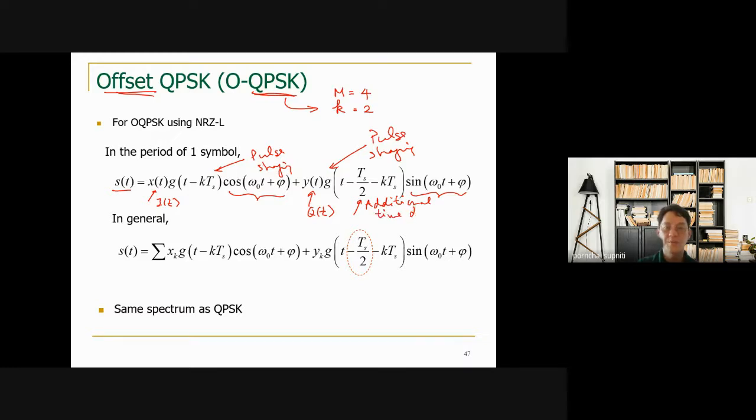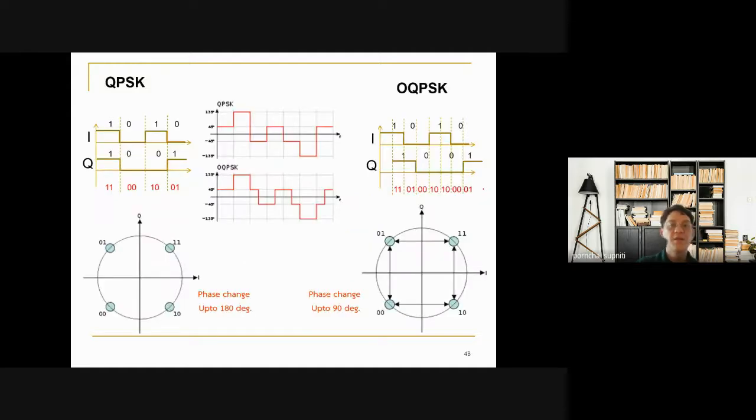You can call it a time shift or additional time delay to the Q bits. It's half a bit, or half a symbol; in this case, I will call it half a bit time delay. In doing so, this is what happens. If you look at the next page, on the left hand side is the QPSK, and on the right hand side is the offset QPSK.